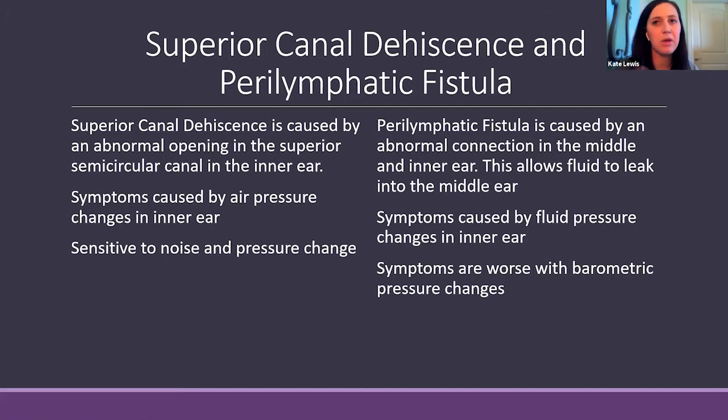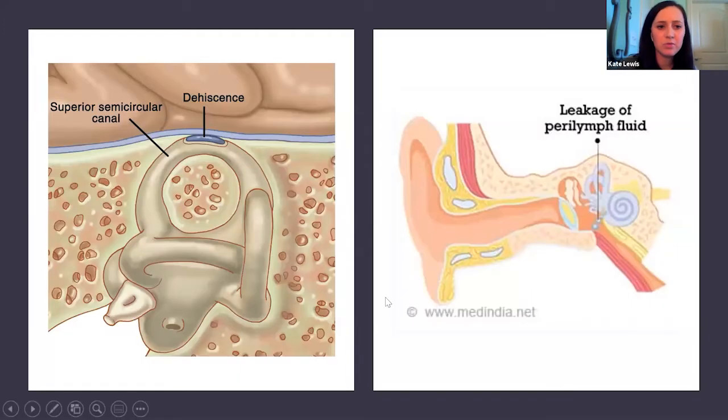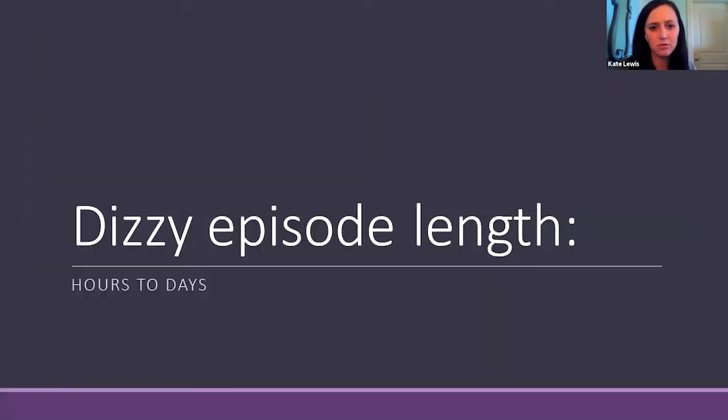They may have really hard problems if they're on an airplane, or if they're lifting something really heavy and there's pressure changes in their head. Here are those pictures again. On the left is a superior canal dehiscence. On the right is a perilymphatic fistula. These are pretty rare, and we can treat them conservatively, and they can also be treated with surgery. But we'll talk about that more as we go on.